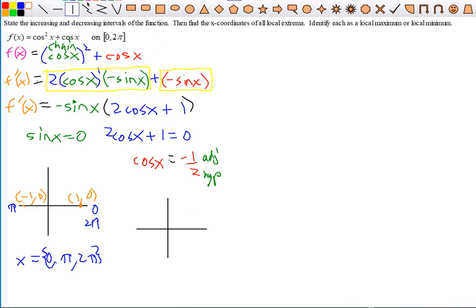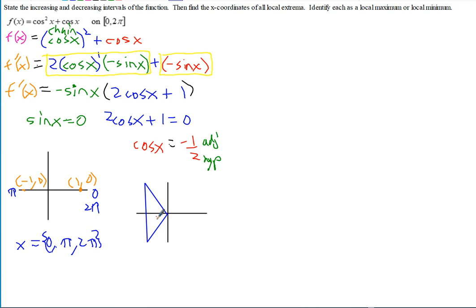So if you want the adjacent to be negative, it's got to be in the second or third quadrant. So we'd have to draw these triangles over here. So the adjacent is negative 1, the hypotenuse is 2. And then we have to find what these angles are. So notice this is a 30, 60, 90 triangle. This is the 60 degrees, which is pi over 3.